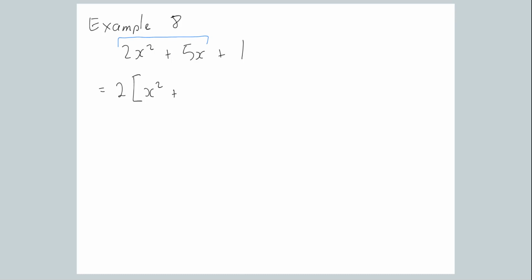But basically, if I take the number, in this case 5, and divide it by 2, then I know that when I multiply it by 2, I would get the number again. So all I have to do is take the number and put it over 2, and then I'll be fine. So that's x squared plus 5 over 2 x plus 1.